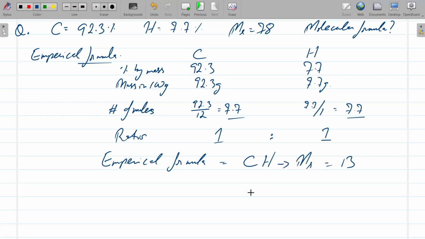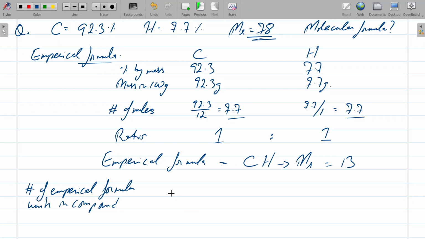We have the molecular mass over here, and so we're going to find the number of empirical formula units in the compound.